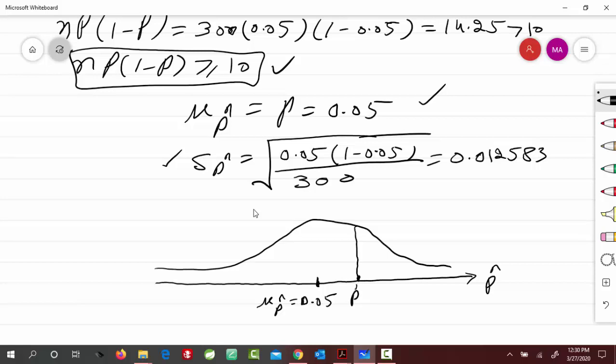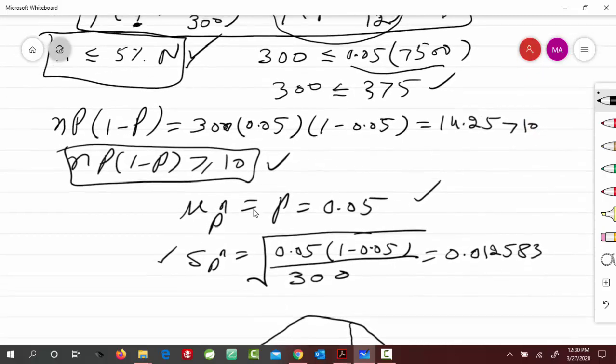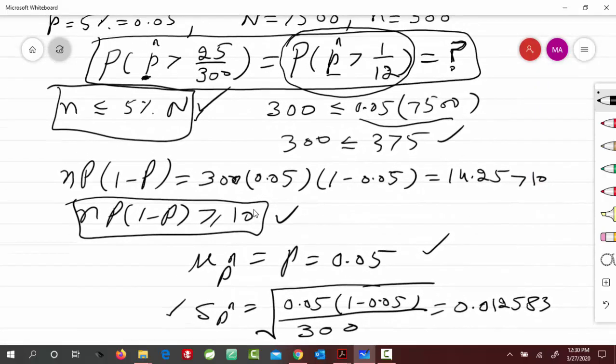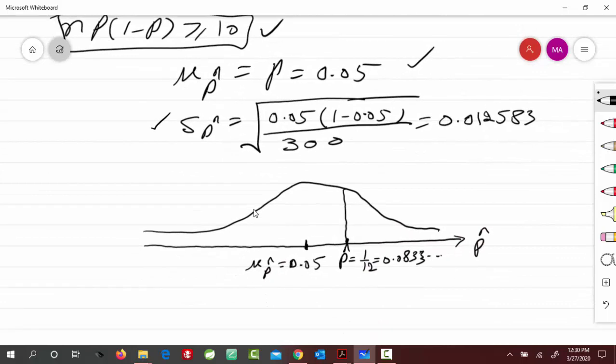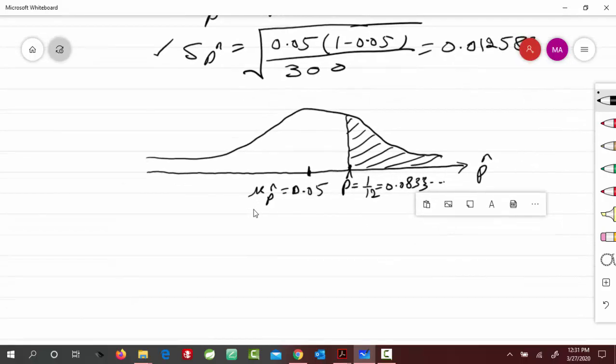That is 0.083, like this. To find the probability that p hat is greater than 1/12, you have to find this area. To figure this out, we first find the z value corresponding to this p hat.